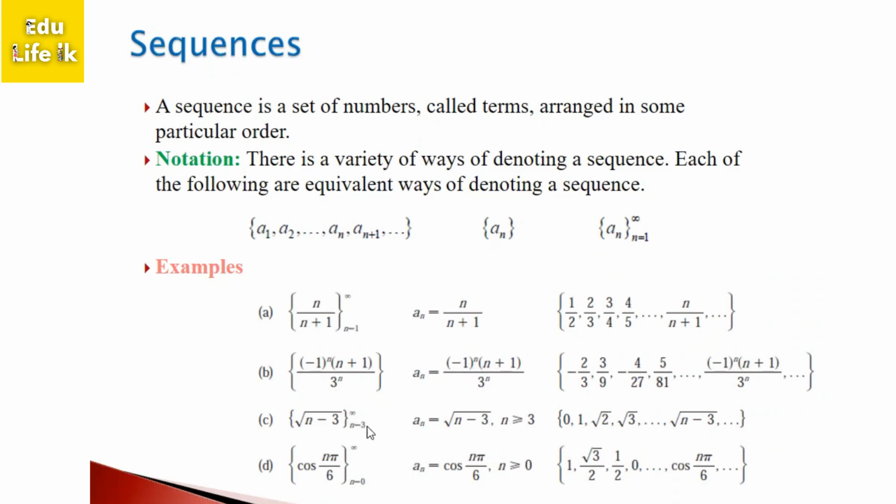Here you can see there is a difference between these two, because here n starts with 3. A sequence can start with any number, any positive integer.